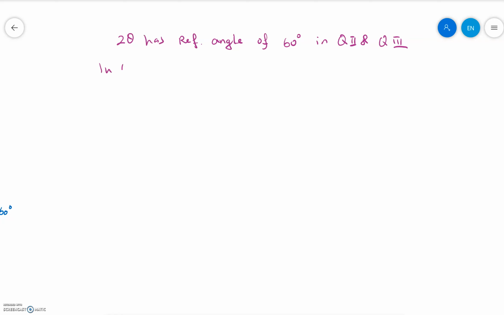So that means in quadrant 2, my 2 theta is going to be 120 plus 2 pi k, because we're talking about cosine, which has a period of 2 pi. In quadrant 3, 2 theta will equal 240 plus 2 pi k.